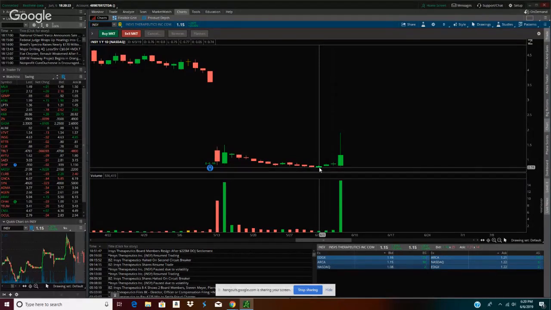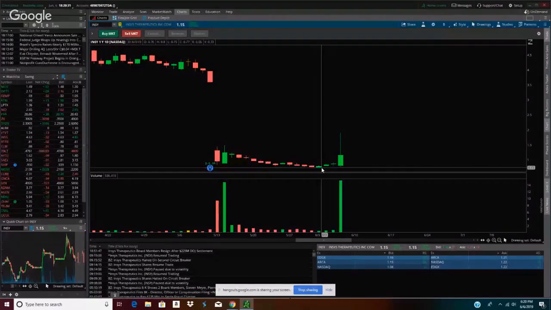We know we can enter this trade 5 to 10 cents higher because we're going to set our stop at the previous day's low. If we get in there 5 cents higher, we got more room to breathe. Or you can set a tighter stop. Your choice.